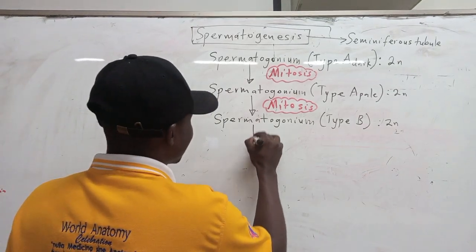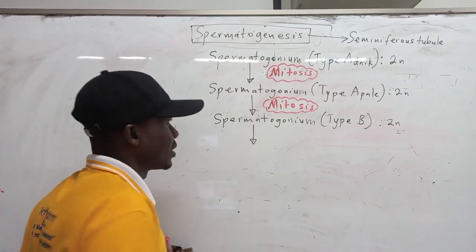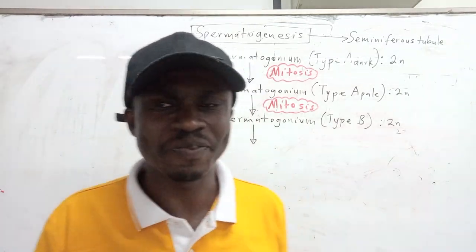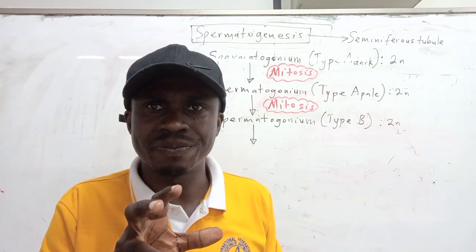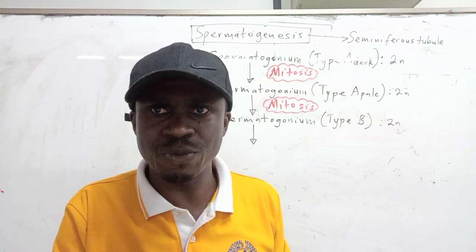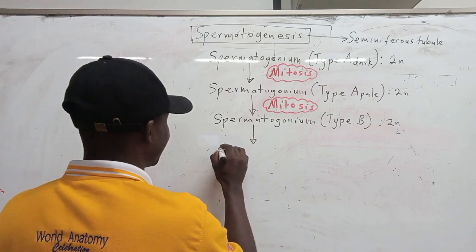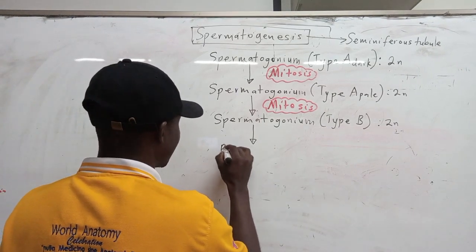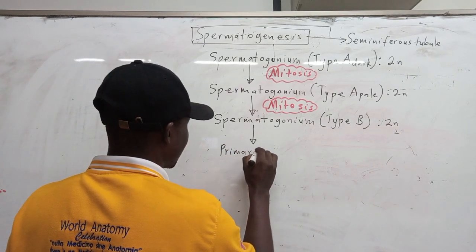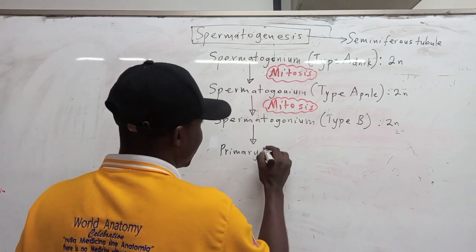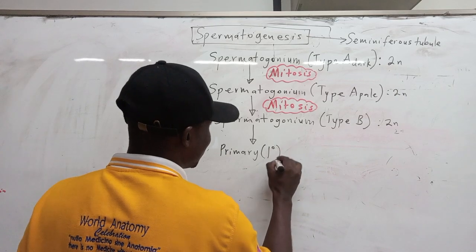Now, type B spermatogonium will also undergo mitosis. And this time around, it will give rise to something we call primary spermatocytes. Primary spermatocytes. Yes, some people write primary this way.